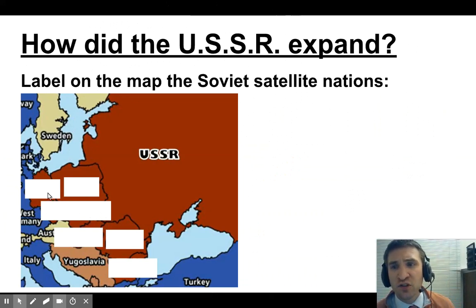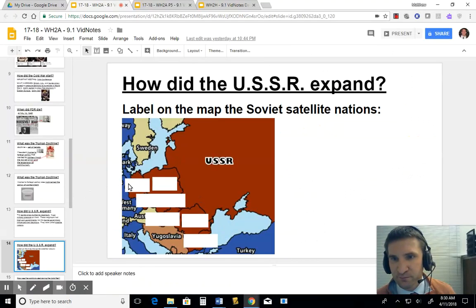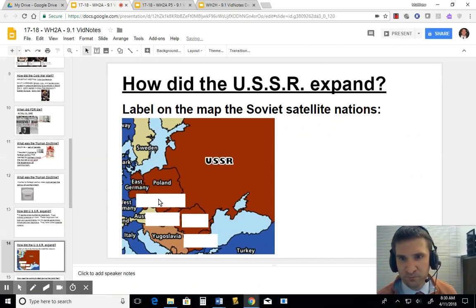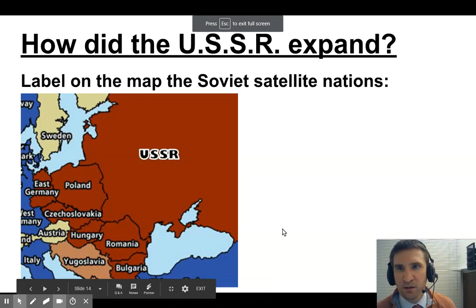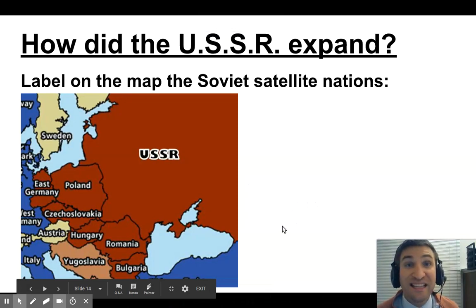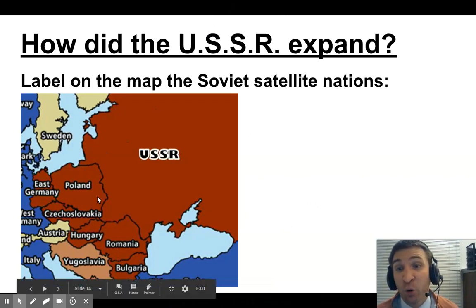Well, it used these countries. Please label on your map these countries. They're all satellite nations that were controlled by the Soviet Union in the beginning of the Cold War.